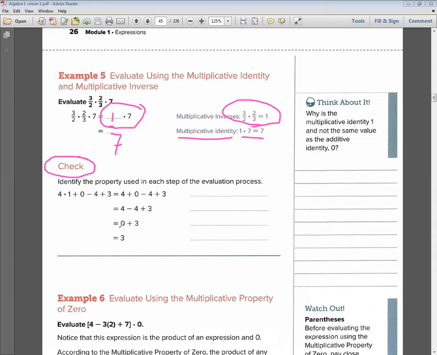Now go to check another problem. This is a new one. Identify the property used in each step of the evaluation process. 4 times 1 plus 0 minus 4 plus 3. Once again, 4 times 1 plus 0 minus 4 plus 3. First of all, the first one is 4 times 1.